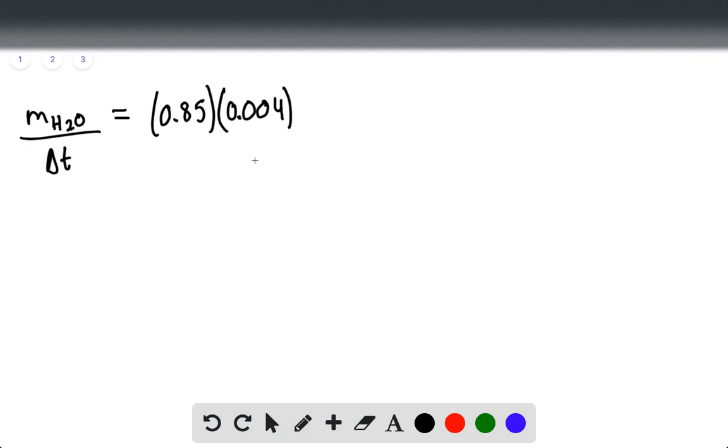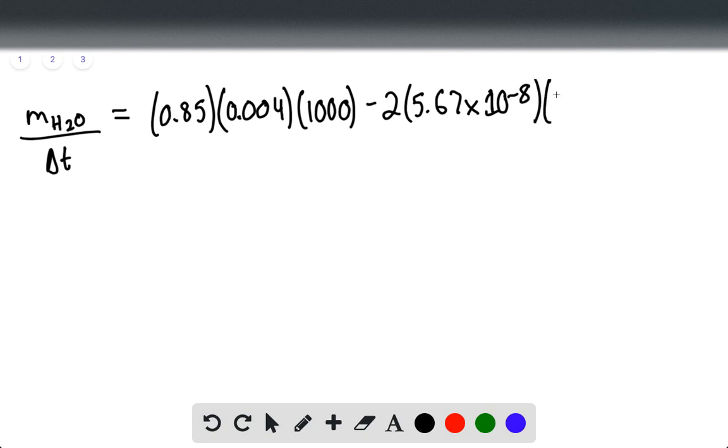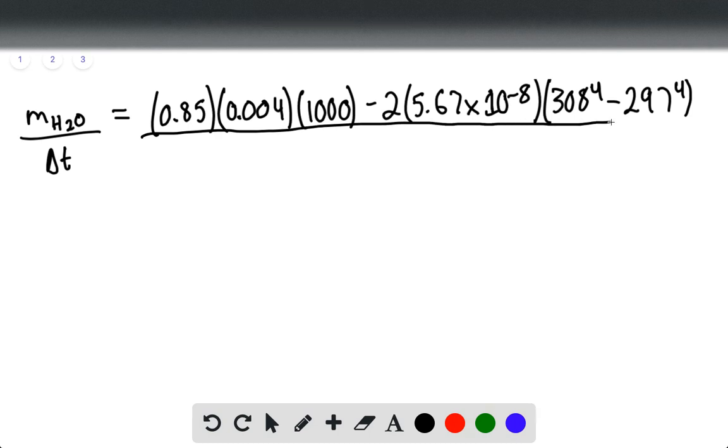That's going to be the A absorb, 1,000 solar constant, minus 2 times Stefan-Boltzmann constant, 5.67 times 10 to the -8th, times 308 to the 4th minus 297 to the 4th, all divided by the latent heat of vaporization. So this will be 2.45 times 10 to the 6th joules per kilogram.